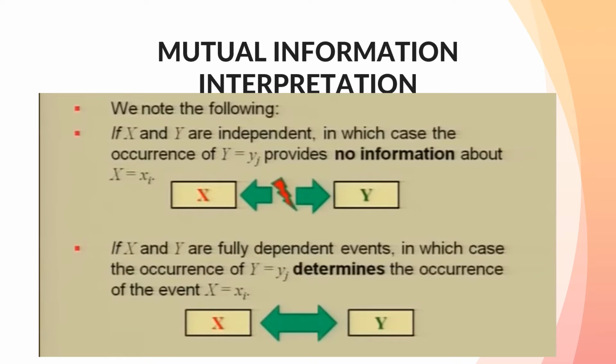Now, if X and Y are fully dependent events, then I can find out X given Y and vice versa. Hence, there should be some relationship between X and Y. That is, there should be dependent events in order to find mutual information between two events.